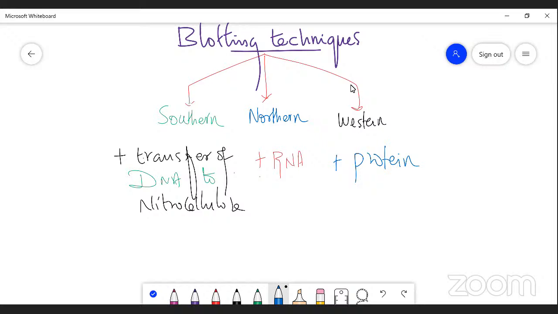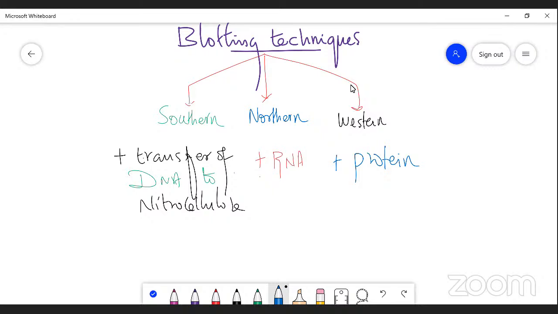So I'd like to mention, blotting technique is a process which is employed for immobilization of DNA fragments or RNA fragments from gel to nitrocellulose membrane or to blotting paper.